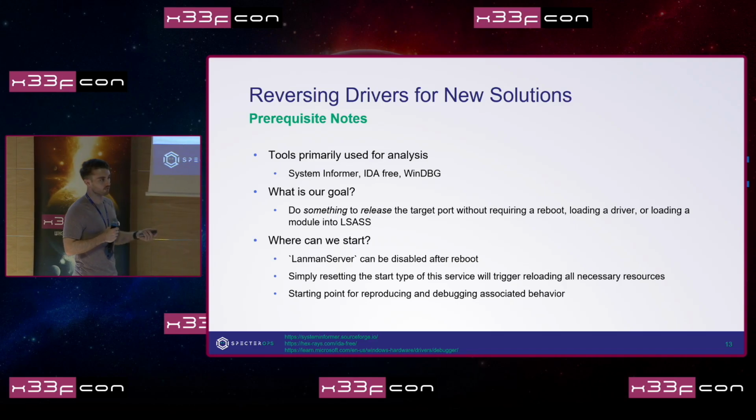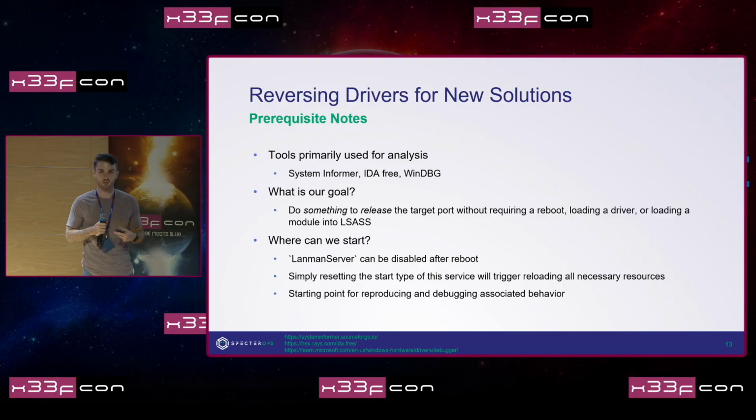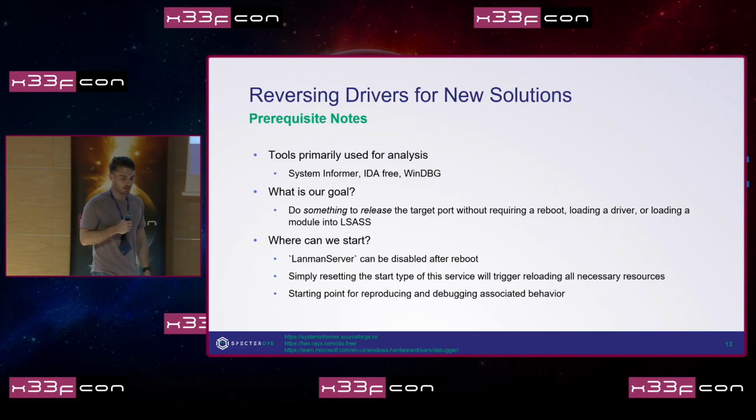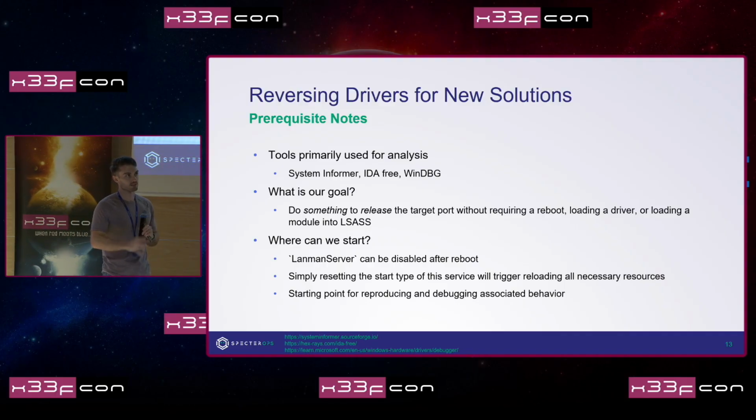Well, we already know that we can set the LanmanServer service to disabled and reboot the host, and we will end up with 445 not bound, so we can do something in terms of analysis from that point. By simply resetting the start type of the LanmanServer service, so we disable LanmanServer, we reboot the host, 445 is not bound.